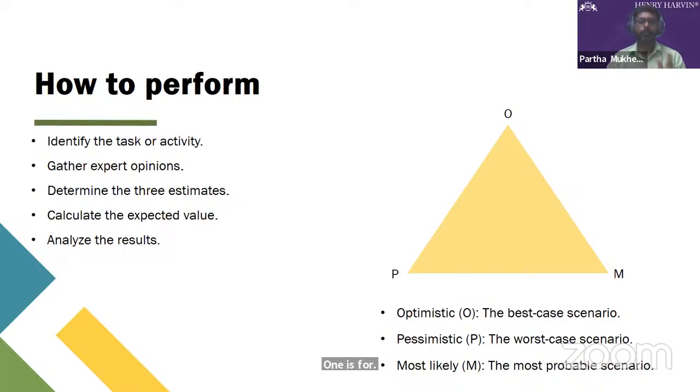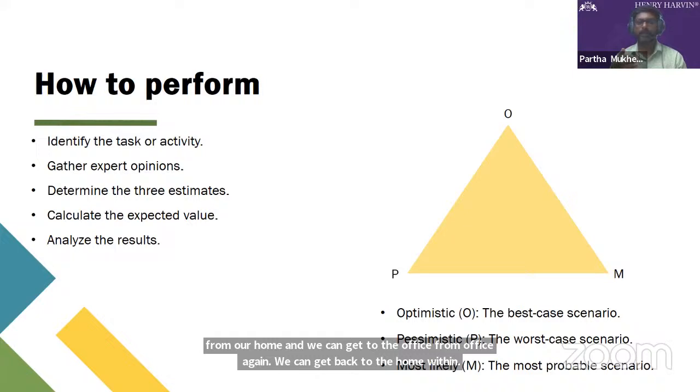That means O is the best case scenario, where we assume everything goes exceptionally well, with no unforeseen conditions or delays. Like if the traffic is clear, we can start from our home and get to the office, and from office get back home within 60 minutes.